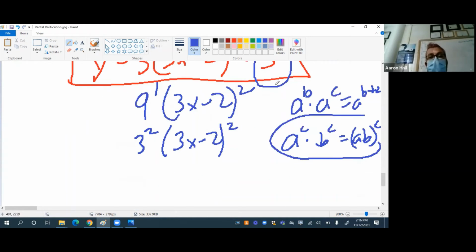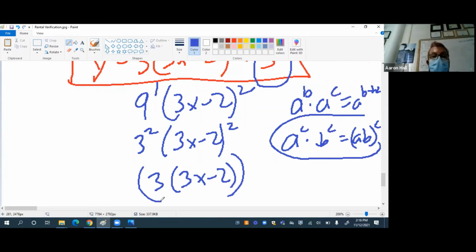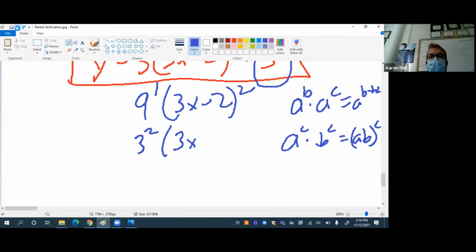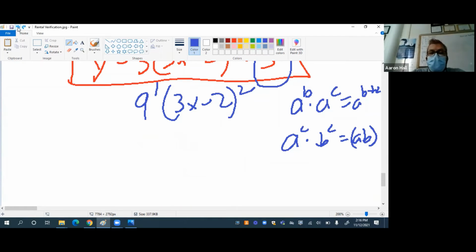So what could I do at this point? 3 times (3x minus 2) all squared. Now can I distribute? Yeah, now you can. But just stop here. Emerson, good eye. That's cool that you saw that.